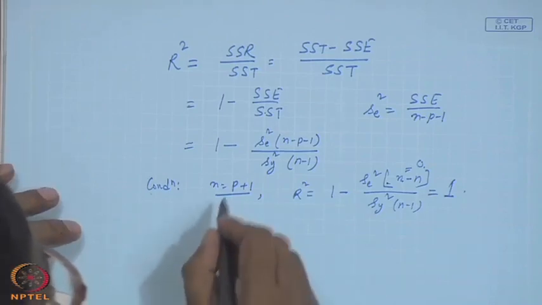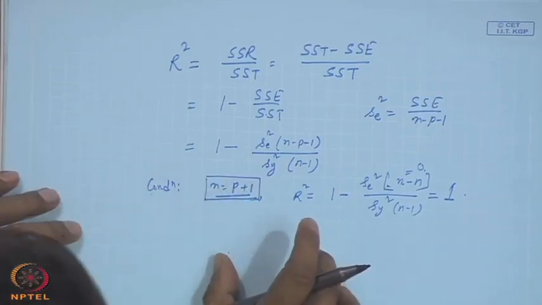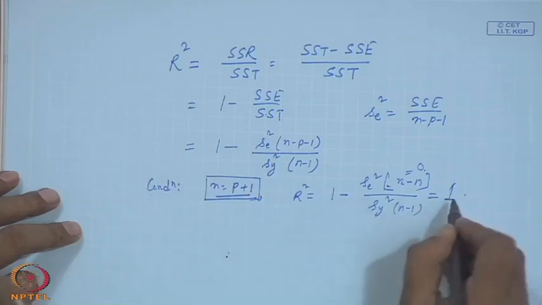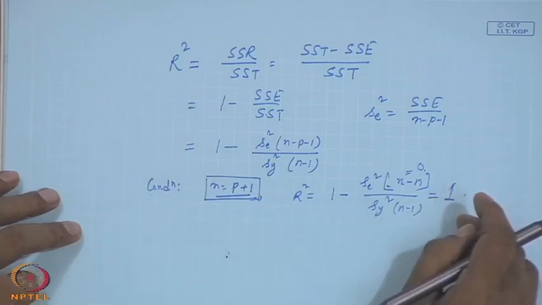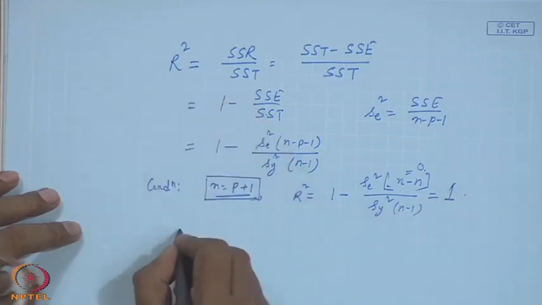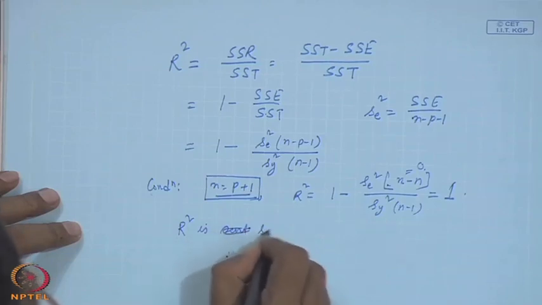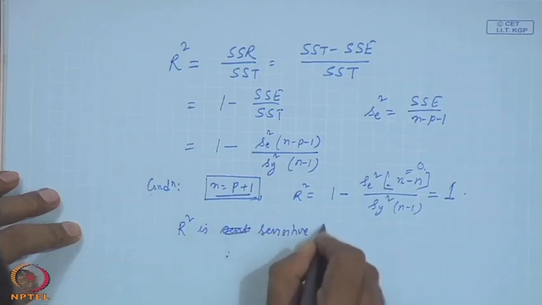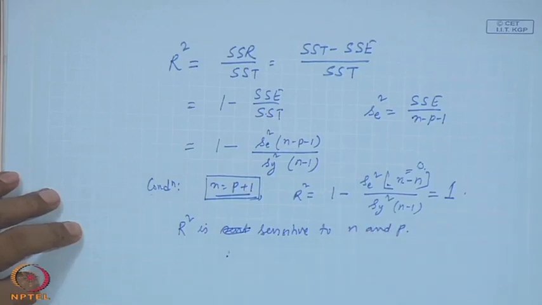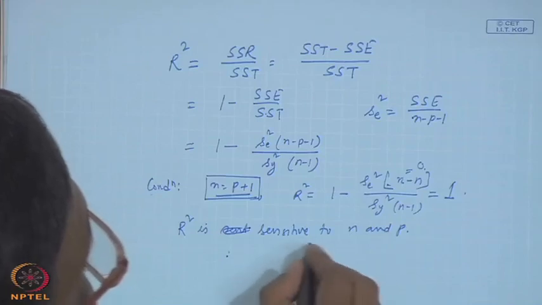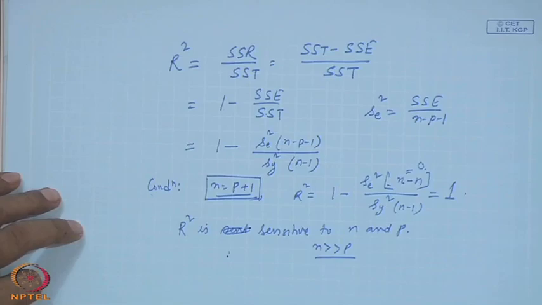Basically, if your number of observations is equal to the number of parameters estimated, your R square will become 1, saturated. So, that means R square is sensitive to n and p, and you require n much greater than p to rely on R square.